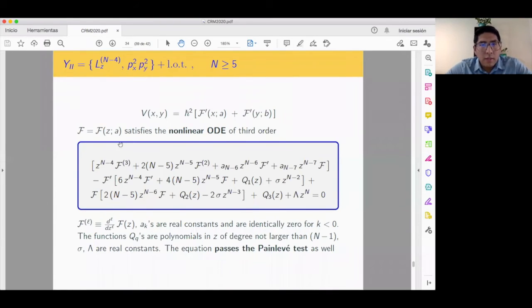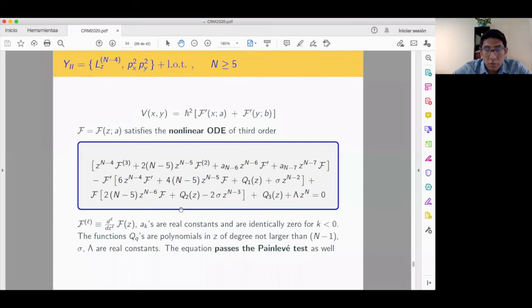it satisfies a nonlinear ODE, in this case of third order, presented here. So the highest derivative in this equation is the third of the function. Again, the small a's, sigma and capital gamma are just arbitrary constants.